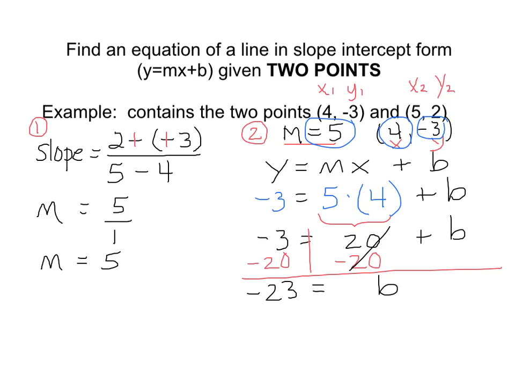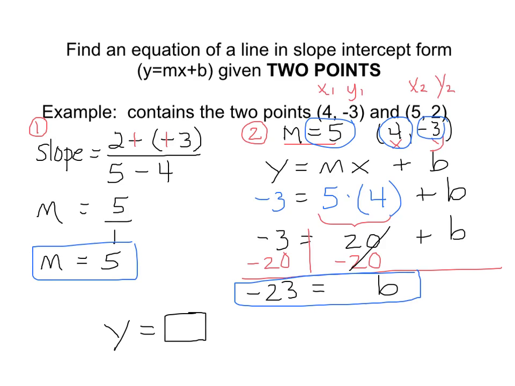So at this point we want to notice that our slope is 5, and our vertical intercept, our b value, our y-intercept, is -23. So we're ready to put this information into our y equals, but this time we're going to insert the m, keep the x, plus our b number.